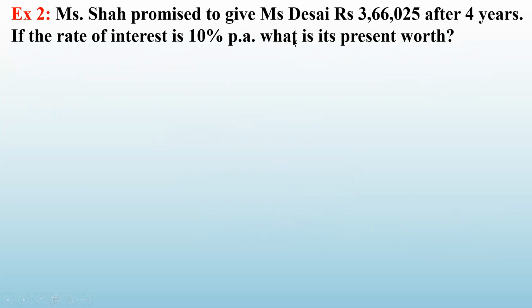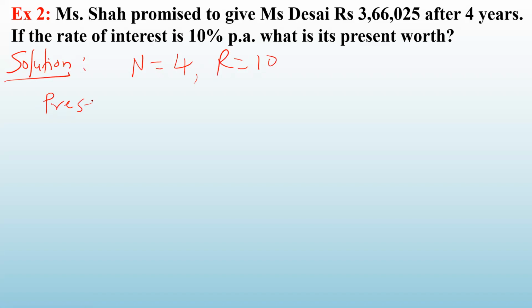You have to find out the present value of this. Here n is 4, r is 10, and you have to find the present value of rupees 3,66,025. So this is your future value, correct?